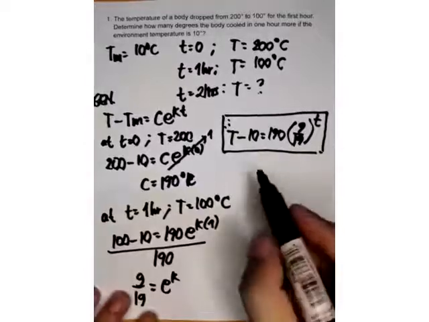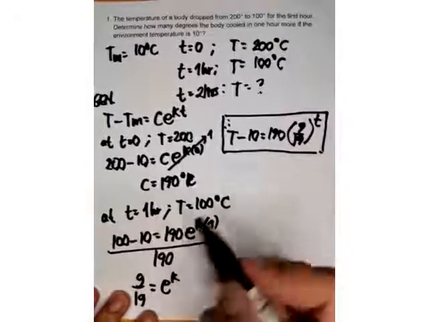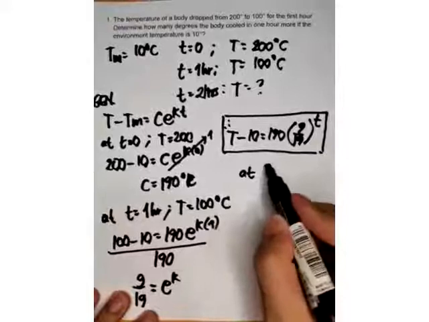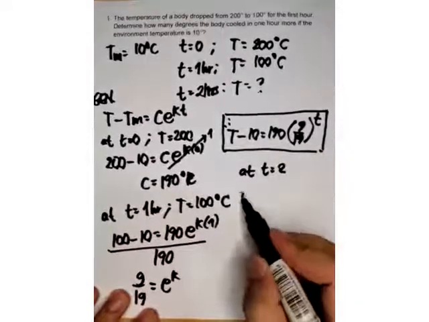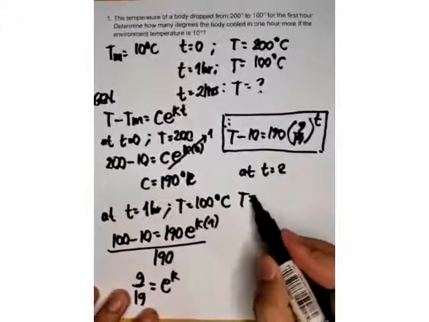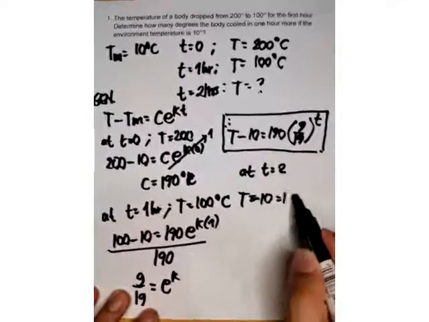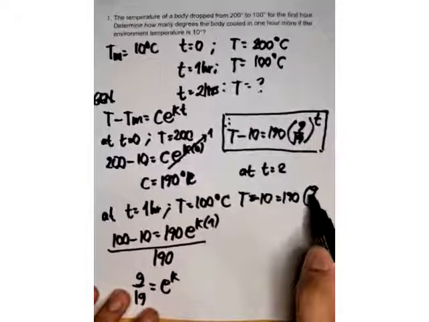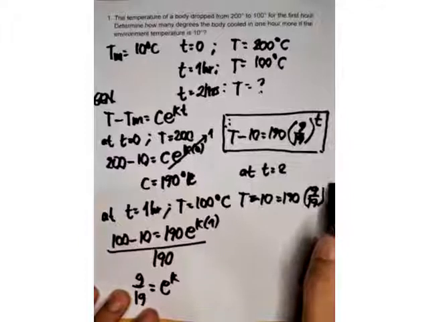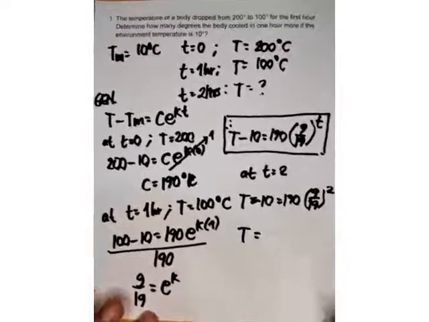After we get the formula for the conditions, let's apply at t equal to 2. What's the temperature? That's T minus 10 is equal to 190 times 9 over 19 raised to 2. So what's our temperature?